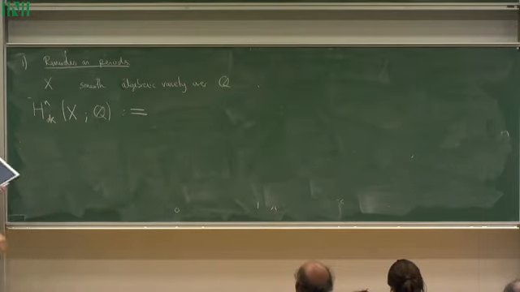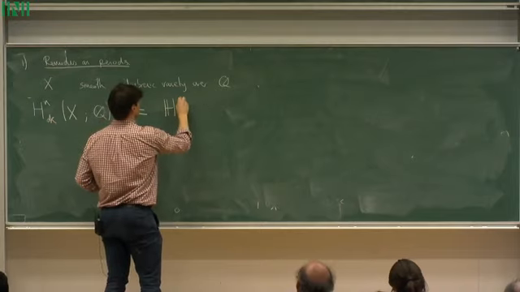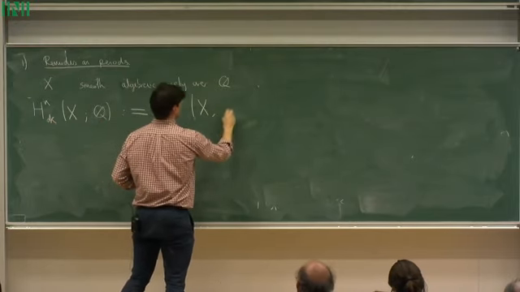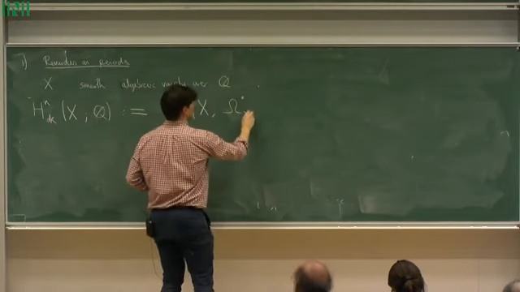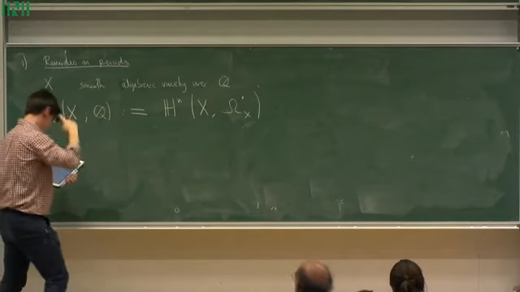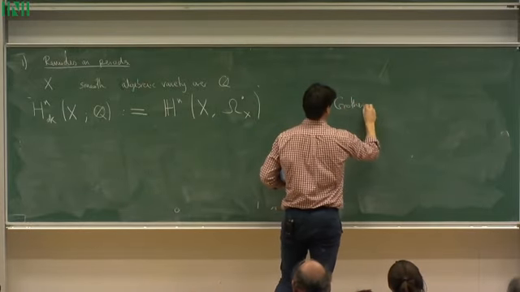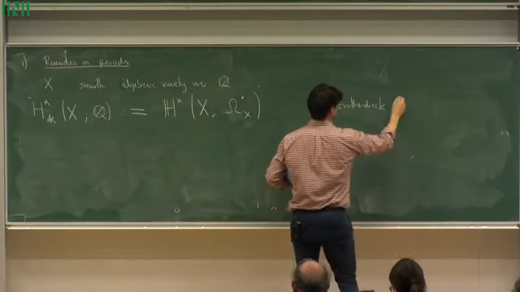He defined the algebraic de Rham cohomology to be the hypercohomology of X with coefficients in the sheaf of Kähler differentials. This is Grothendieck 64.